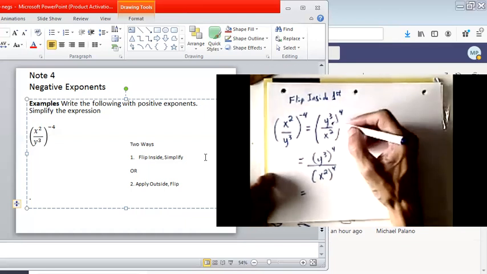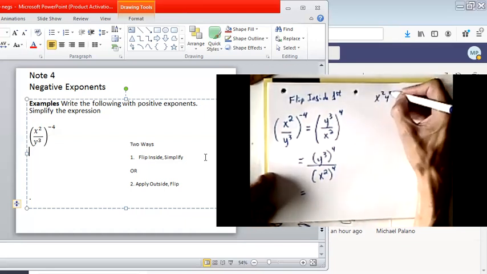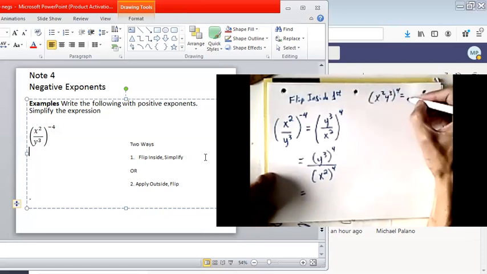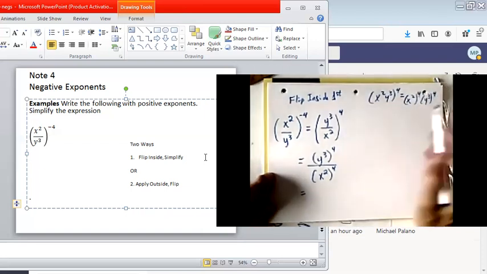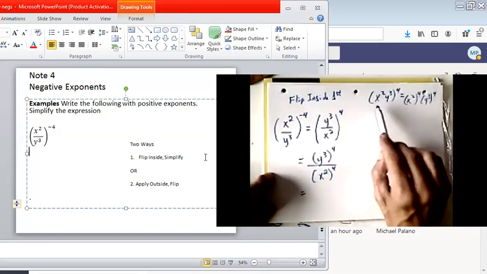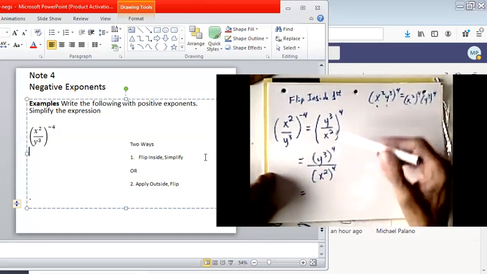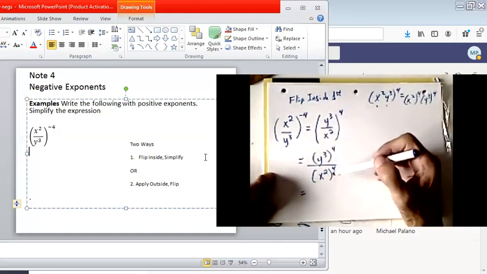In earlier questions we had terms multiplied together, so it looked a little different, but you see the 4 on the outside goes to both on the inside. This is just with dividing. It still works. 4 goes to each thing.